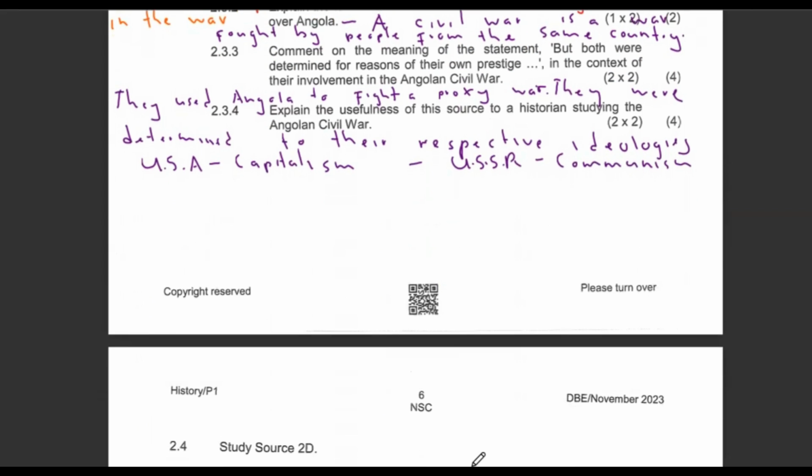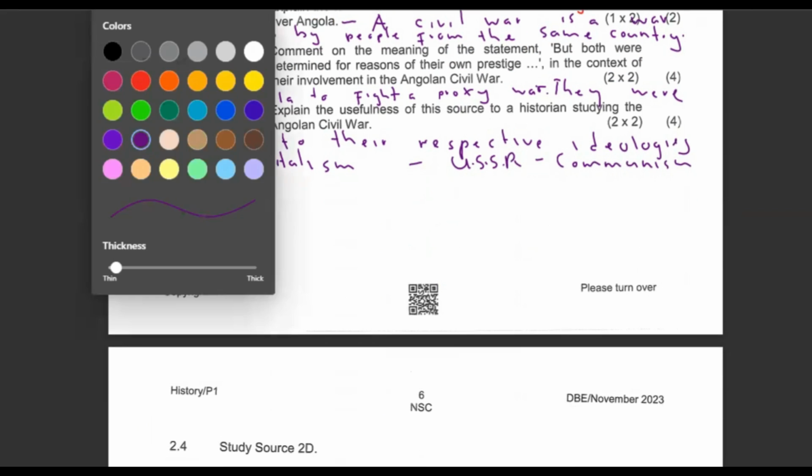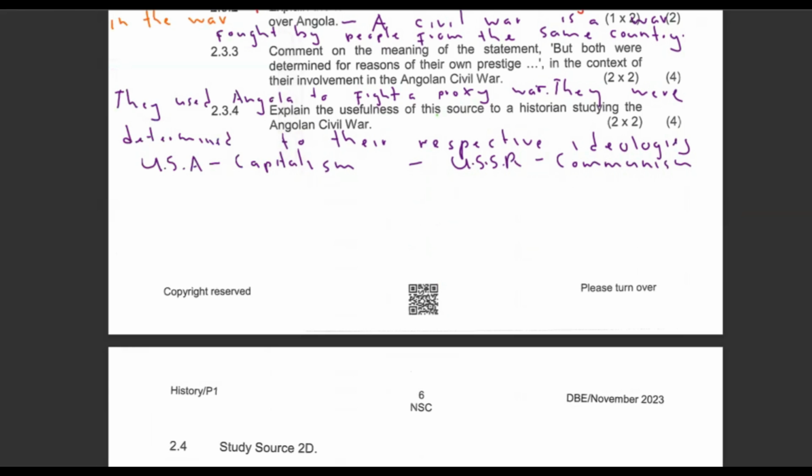Now, 2.3.4 is a question which requires you to examine the usefulness of a source to a historian who is studying the Angolan War. So we need to look back at our source.